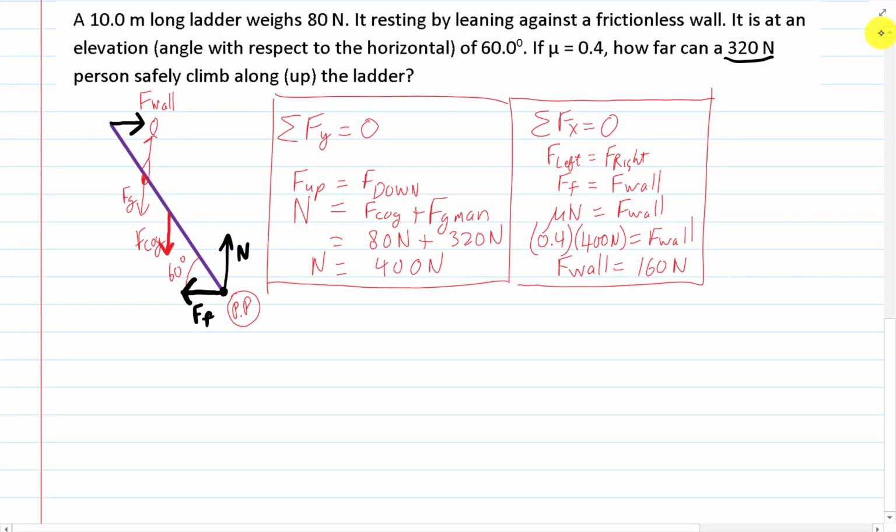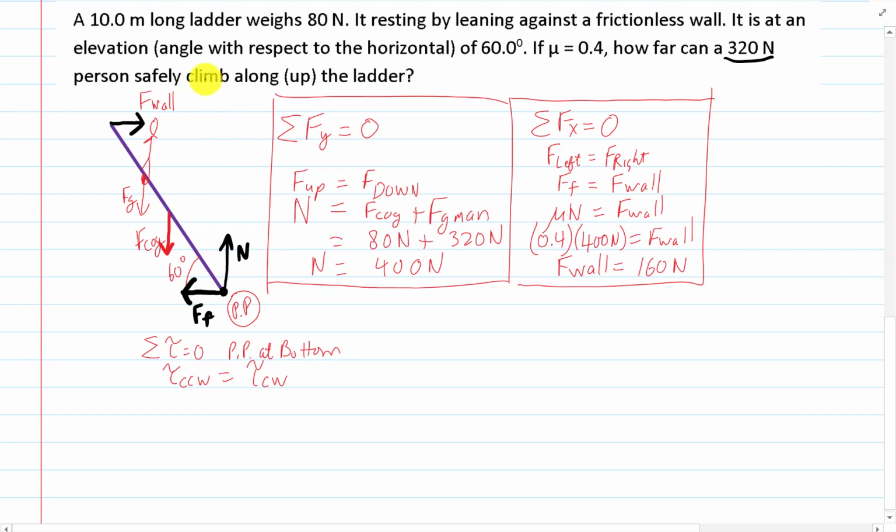So now we're going to do the sum of the torques. The sum of the torques equals 0 when the pivot point is at the bottom. So the torque counterclockwise has to equal the torque clockwise.